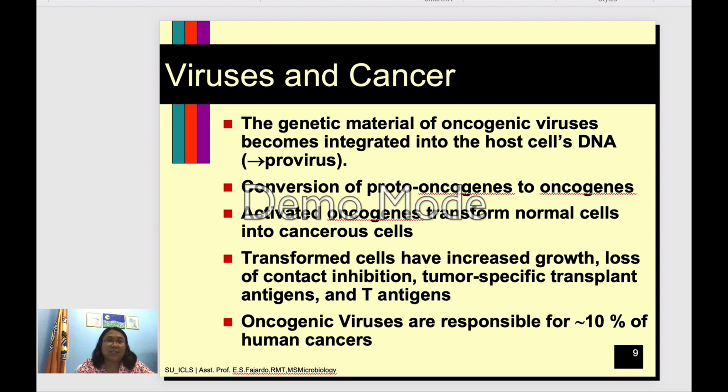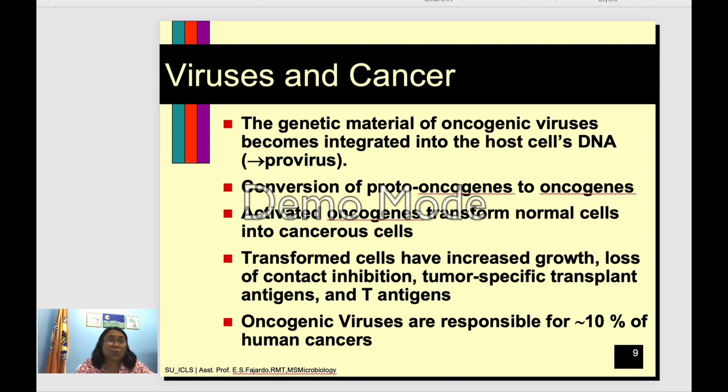And these oncogenes are activated, thus it transforms normal cells into cancer cells. And then the transformed cells increase in numbers. They lose contact inhibition. They have tumor specific transplant antigens, and they express their T antigens.